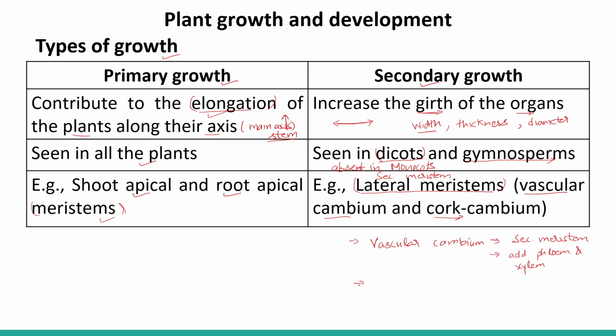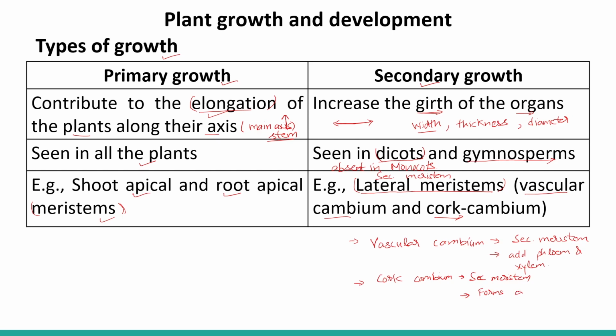And cork cambium. What is the role of cork cambium? Cork cambium is again known as secondary meristem. And what does it do? It forms some of the region of the bark, which is known as cork.